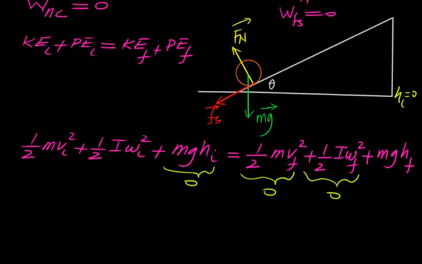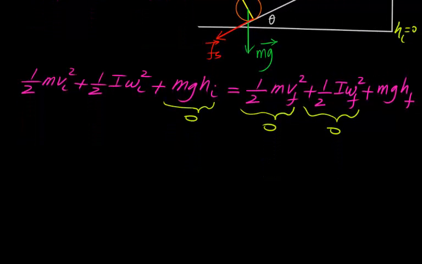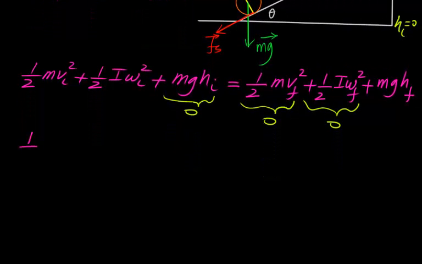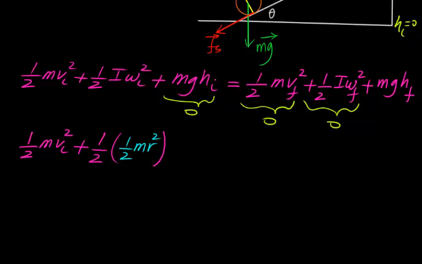Now we are ready to detail this equation a little further. The translational kinetic energy is 1/2 mv initial squared, leave that one alone. The rotational kinetic energy can be written down as follows: 1/2 the moment of inertia for the cylinder, which is 1/2 mr squared, times the angular velocity squared initial, which can be converted to linear speed.